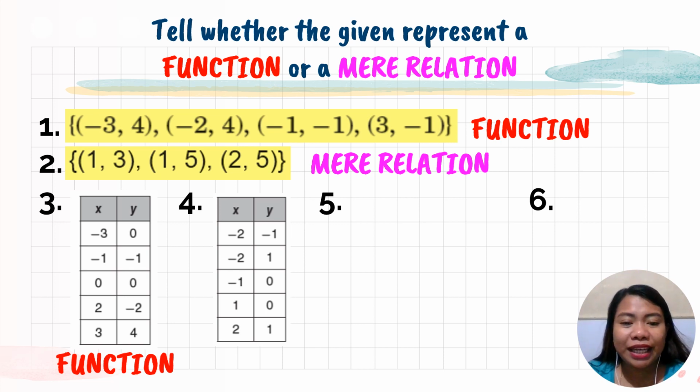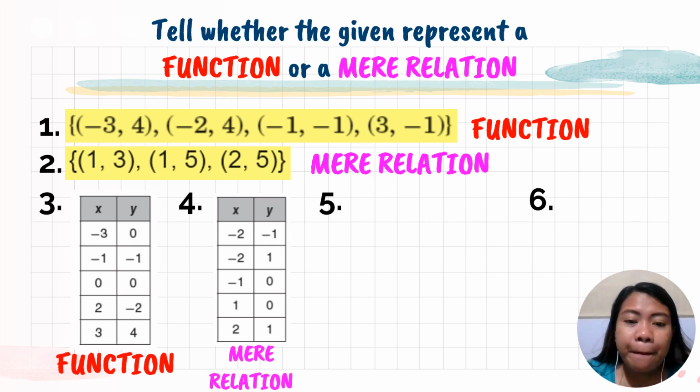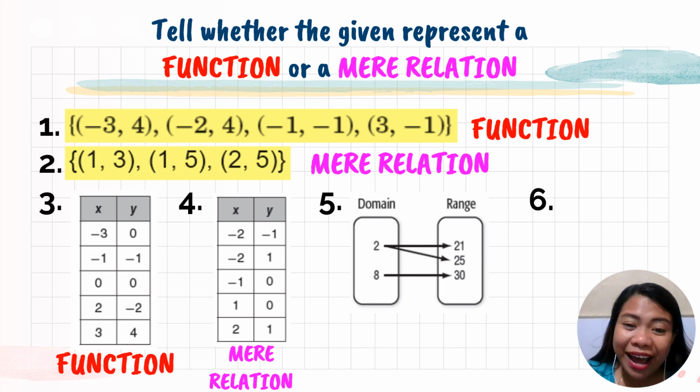So what do you think is that set of elements? Is it a function or merely a relation? Very good. So that is merely a relation. Why? Look at the x-axis. -2 is repeated.